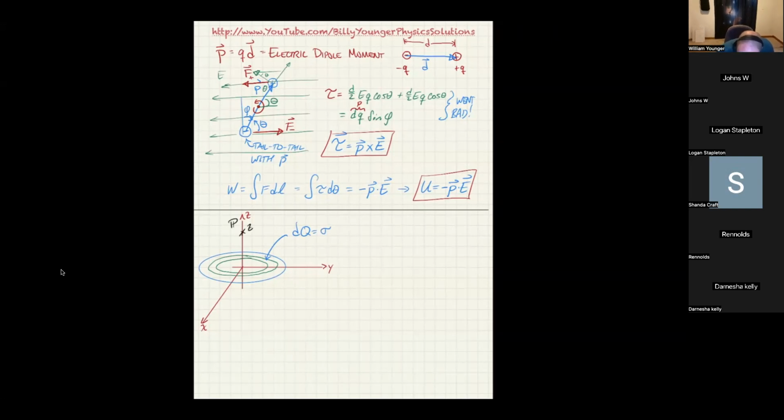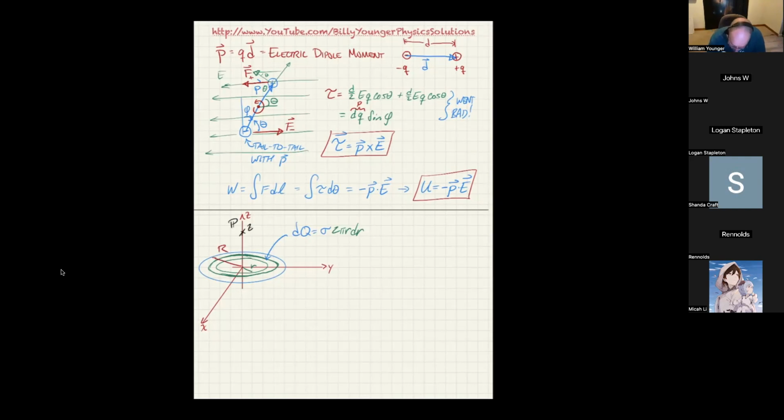This green hoop that I've drawn is sort of like a rectangle: if I cut it open, it would have a length about equal to 2 pi r and a thickness equal to dr. So I'm going to call this 2 pi r dr. Notice that is the radius little r, whereas the radius of the disk is going to be big R.